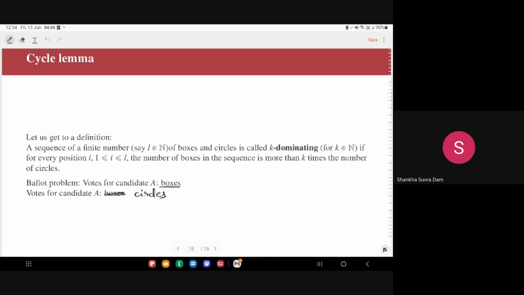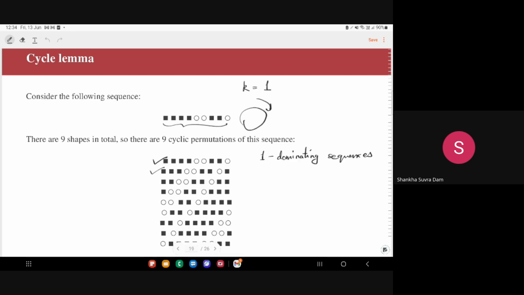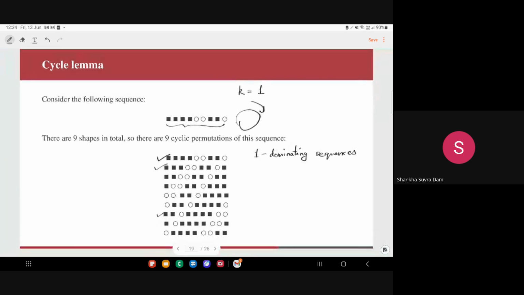The number of boxes more than K times. Okay, more than. Okay, so this would be 1 dominating. I can find 3. Can you find more than 3? No, right? Because this would have equal numbers, so this is not something we want. And we have 2 circles here and then once.